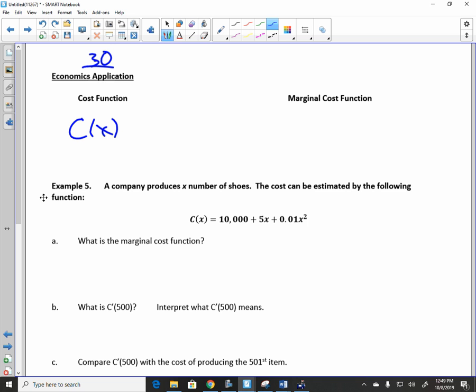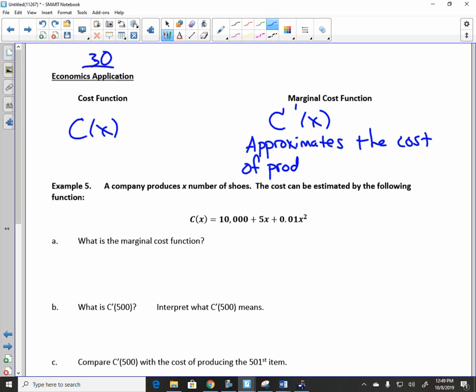We say the marginal cost function is C prime of x. It approximates the cost of producing the x plus 1 or next pair.